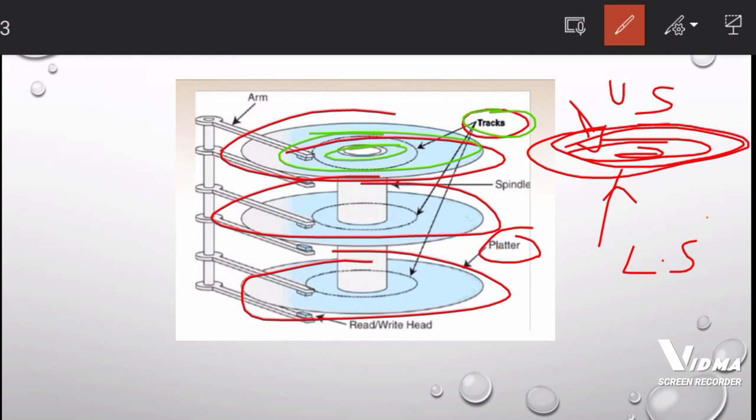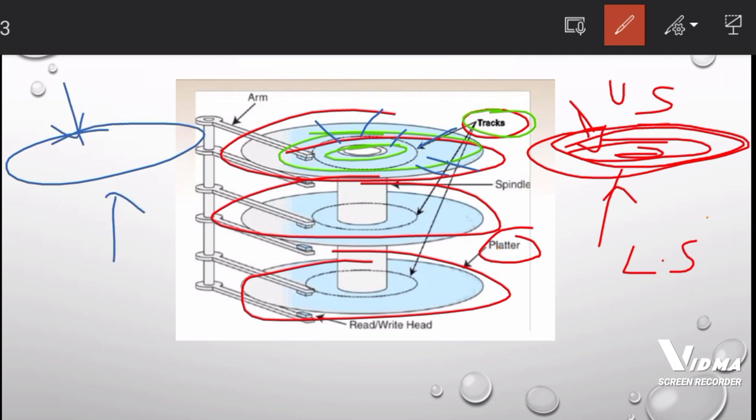And what will be inside those tracks? On these tracks there are sectors. If this is a platter, this is the upper surface, this is the lower surface, this is a track, a circular line, and these small parts are called sectors.